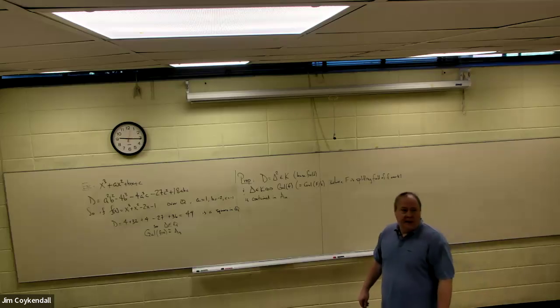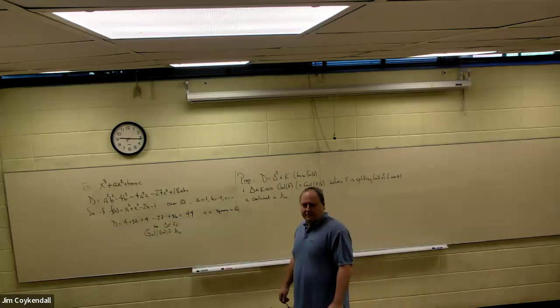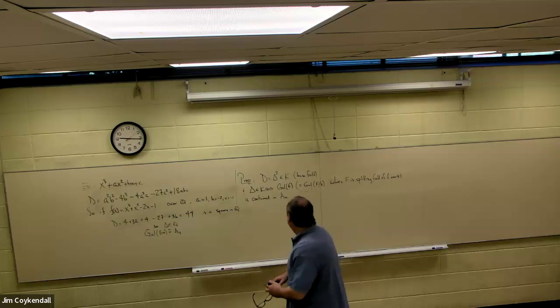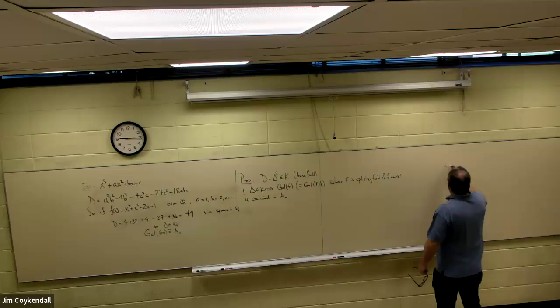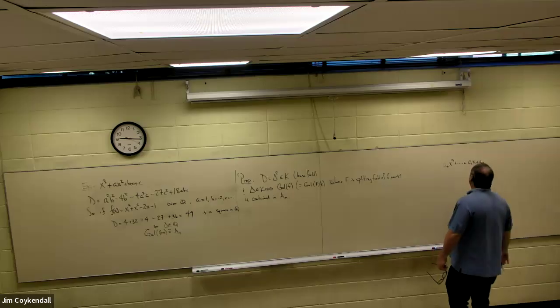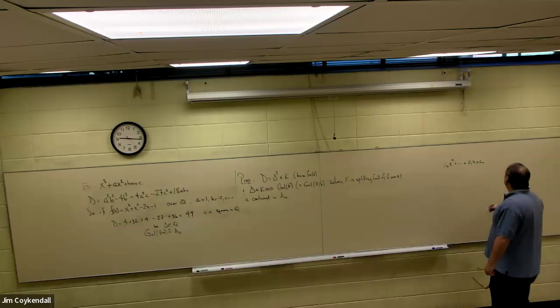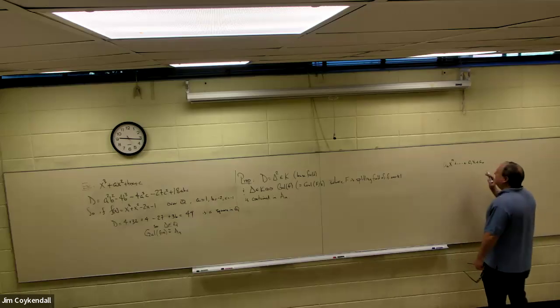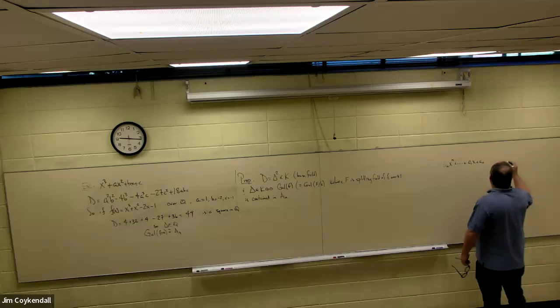Everybody agree with that? How many of you remember the rational root test? This is true over any integral domain. So if you have a polynomial of this form, well, actually, you can't do it more generally. We'll do this over a UFD.